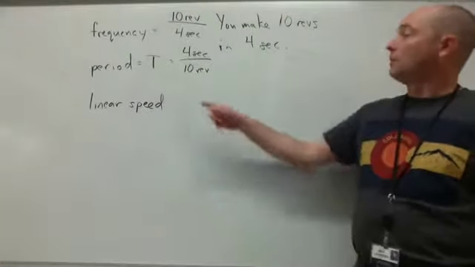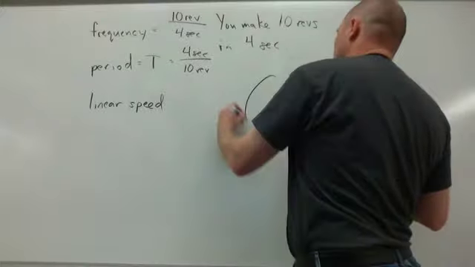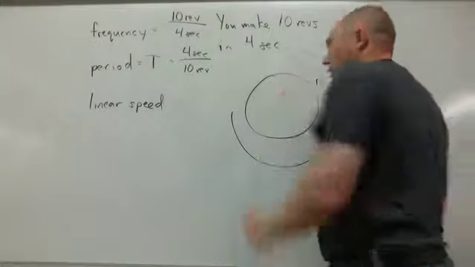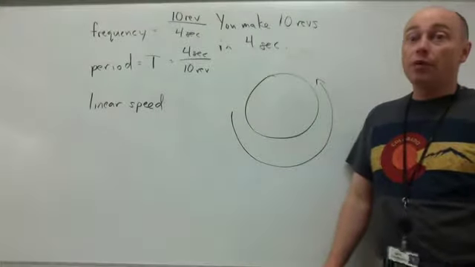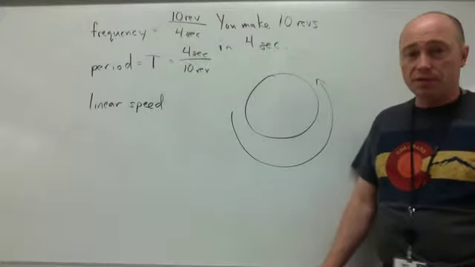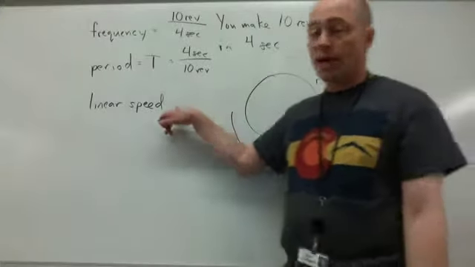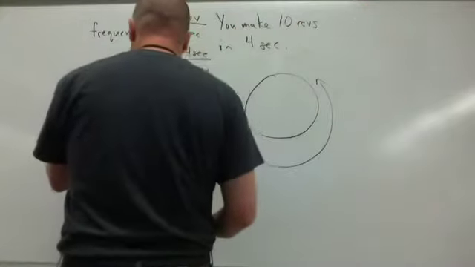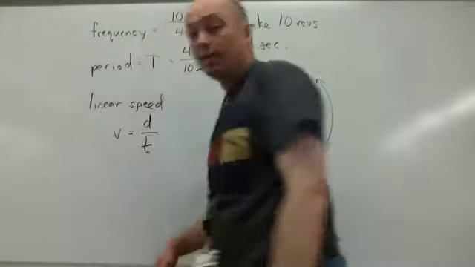All right, linear speed. If I draw my picture, I have something moving around a circle at a constant speed, and lots of the problems will have that. So how do you find linear speed? If something is moving at a constant speed, you just use v equals d over t.